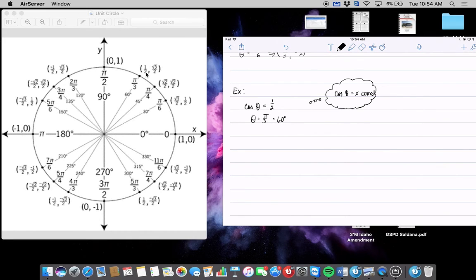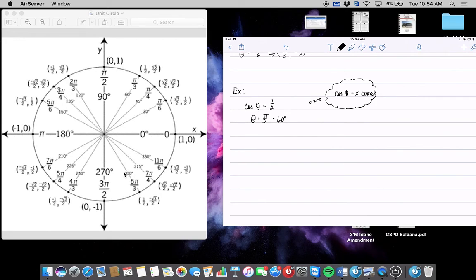Now, that's not the only place where the x-coordinate is 1/2. If we keep going around the unit circle, just looking at the x-coordinate of every single point on the unit circle, we see that x is also 1/2 whenever theta is 5 pi over 3, or 300 degrees.